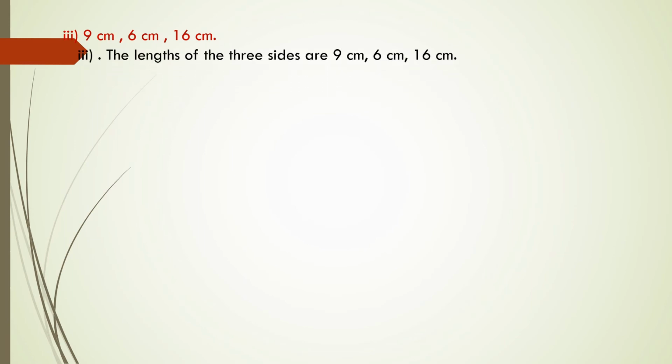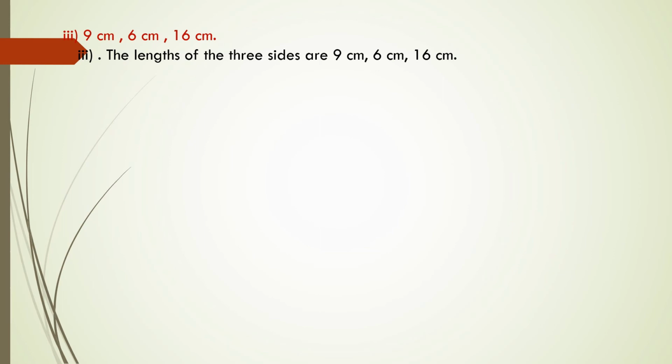Question number 3. 9 centimeter, 6 centimeter and 16 centimeter. Here also you have to check whether the property is satisfied or not. The lengths of the three sides are 9 centimeter, 6 centimeter and 16 centimeter.